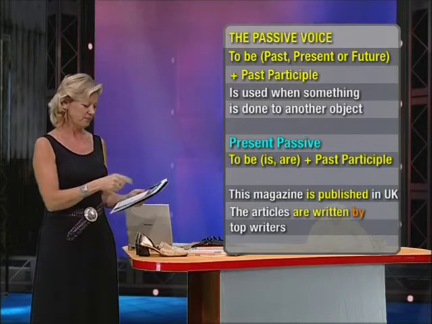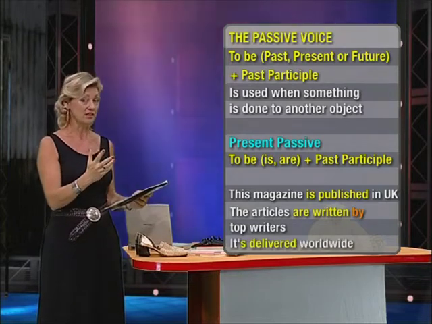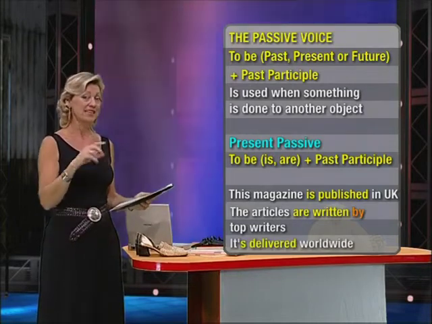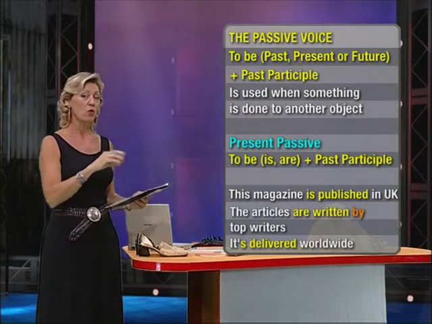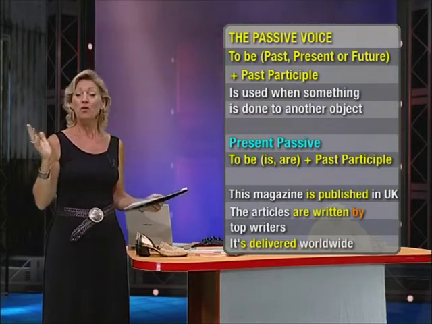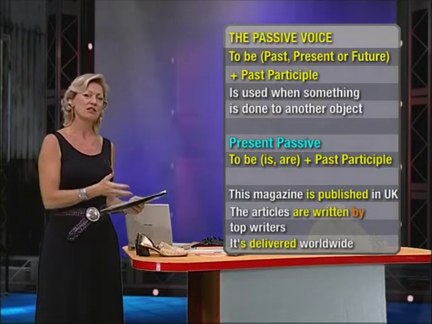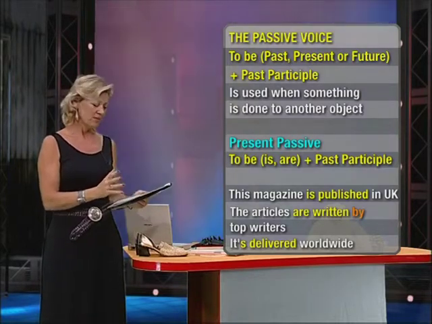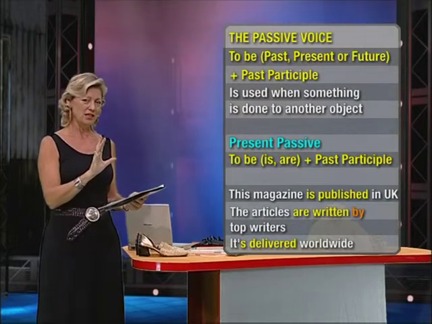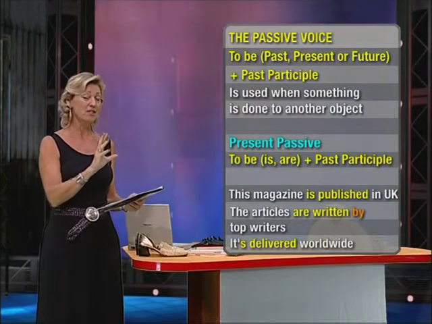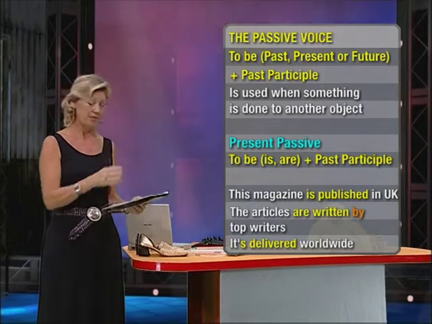Another example, it's delivered worldwide. There again, we don't know by who, but it's not important in this case. It's the action which is important. So that's in the present, using the verb to be in the present form is, are.